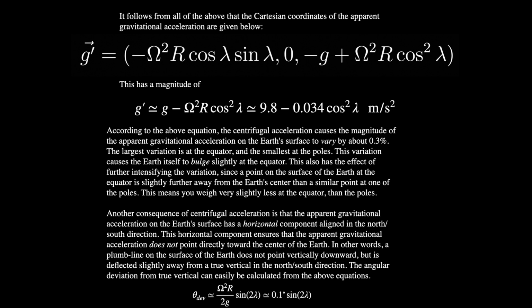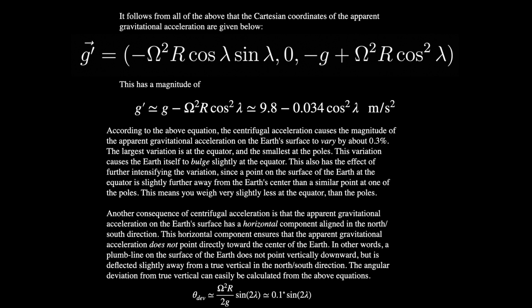And therefore, you can see what the angle of deviation roughly is across the north as you traverse from lower latitudes to higher latitudes. The theta of deviation, theta is just the angle of deviation, and that's approximately the equation that you see below, which is about 1/10 of a degree times the sine of twice the latitude.